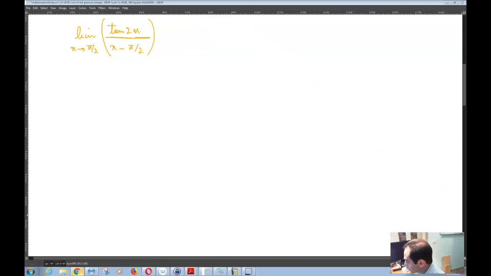Now since you get 0 divided by 0, you'll have to find the factor that is causing the numerator and denominator to go to 0, eliminate them, and then you will be able to find the limit of the function when x tends to pi by 2.